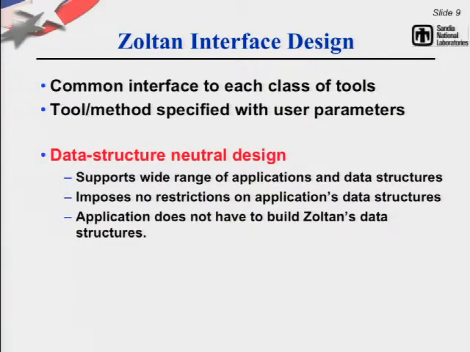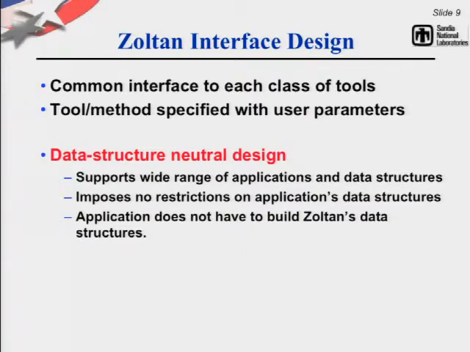And one good thing is that there's a common interface to each set of tools. So once you've written the interface to Zoltan, you can solve a whole bunch of different types of problems. You don't need to have one interface for partitioning and one for ordering and so on. It's all the same way to get the data in.